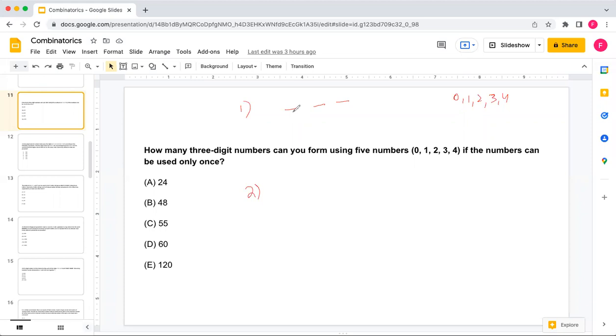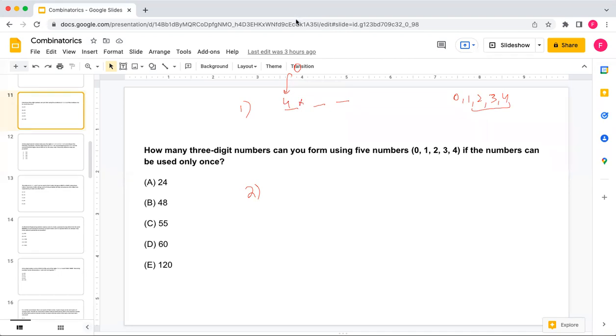In the start we can't have 0. If we have 0 in the start, that means this is not a 3-digit number, that will be a 2-digit number. So we don't have a 0 in the start. If we don't have a 0, then how many ways can we pick the first digit? We have 4 digits remaining. This is 4.